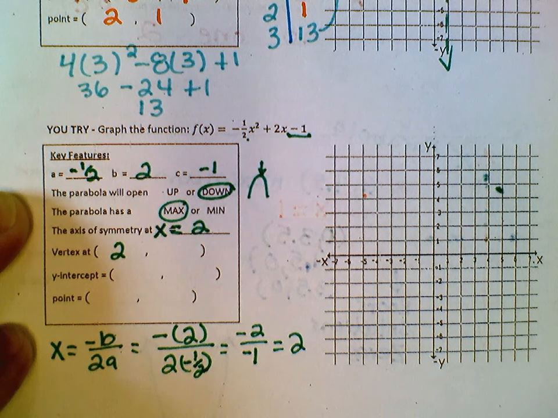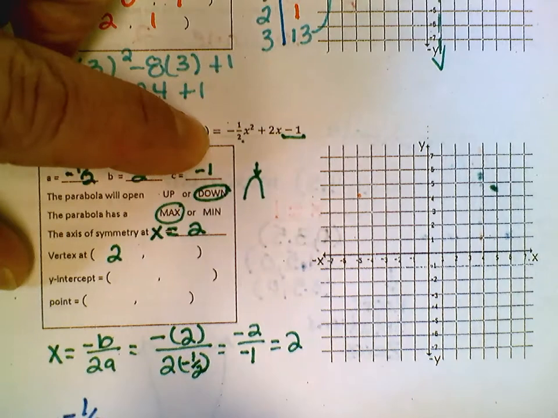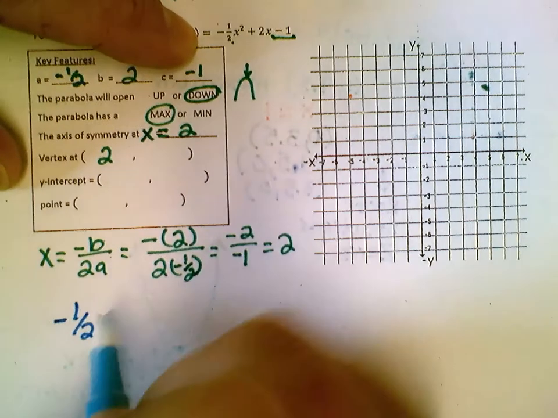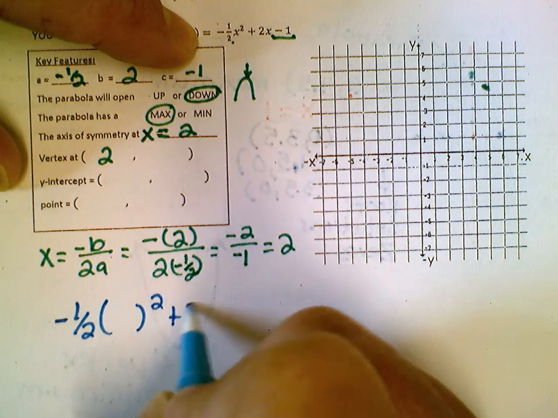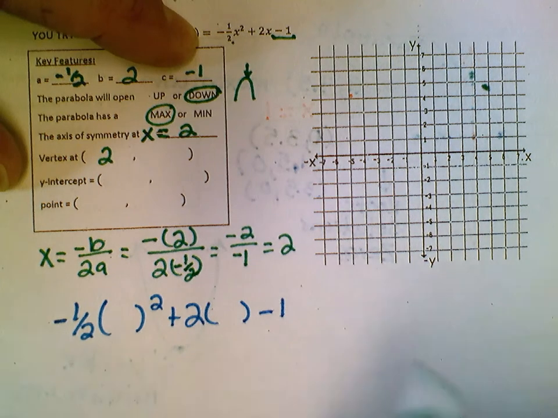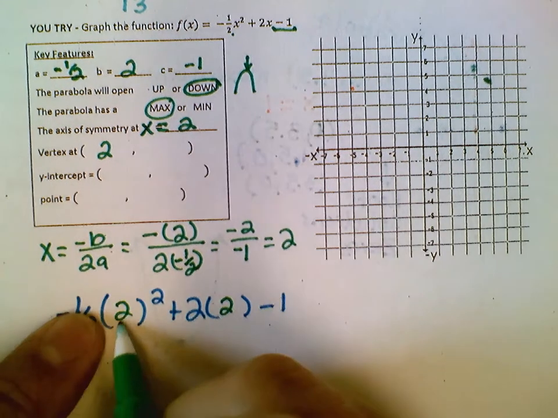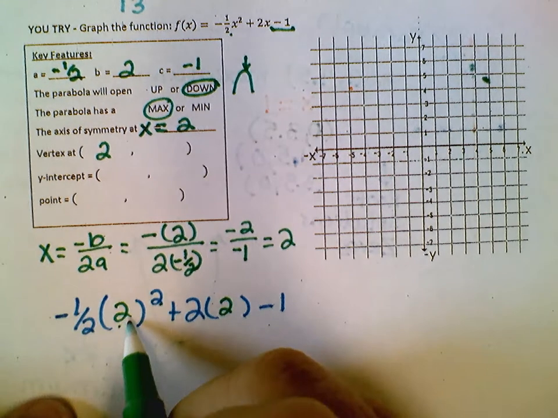So now if I take my equation, negative 1/2 x squared plus 2 times x minus 1, and I will substitute my 2. So I have 2 squared, which is 4.